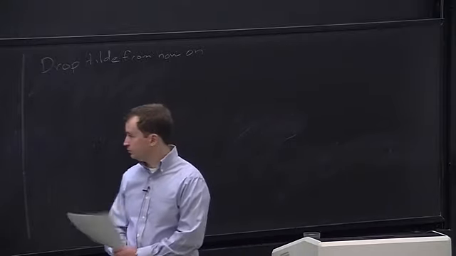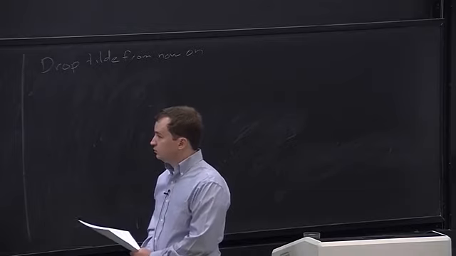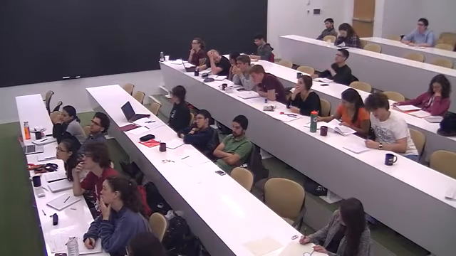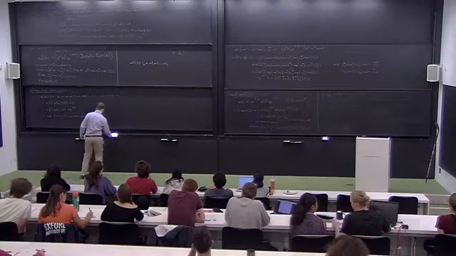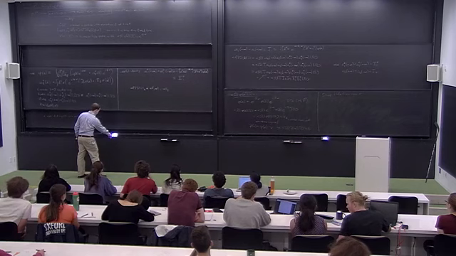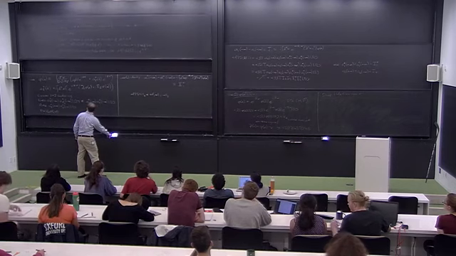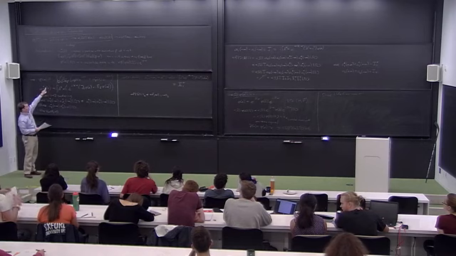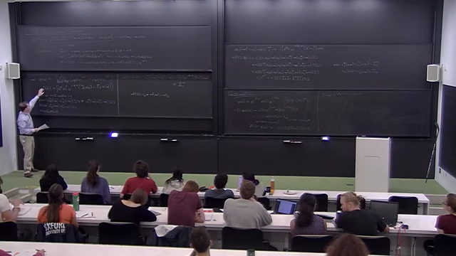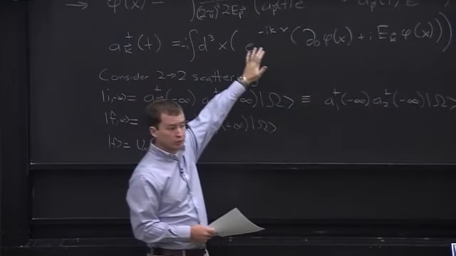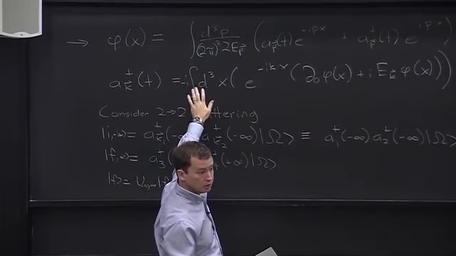Where did we use this assumption in the LSZ formula? I assumed that phi of x was a one-particle state, at the bottom of the board up there, which meant that the field operator had to be related to the ladder operators in this way.